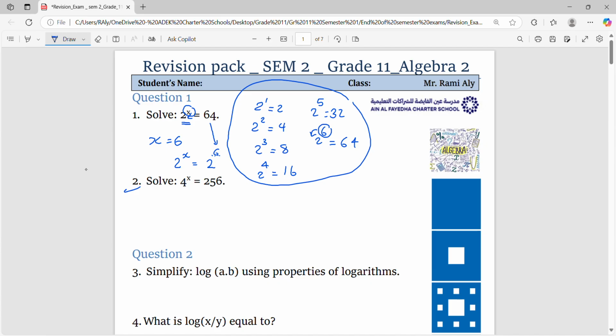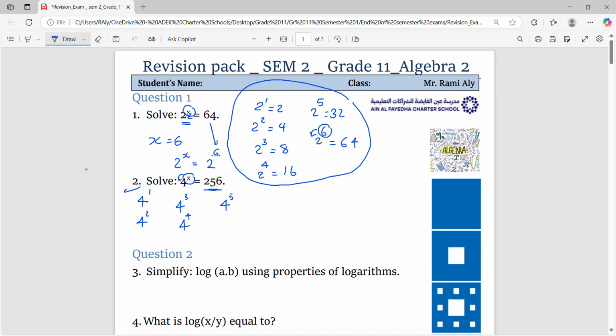Okay, I don't know if you got the correct answer, but we will do it together. So what power of 4 gives me 256? By using the calculator, you need to check 4 power 1, 4 power 2, 4 power 3, 4 power 4, 4 power 5, until you get 256.